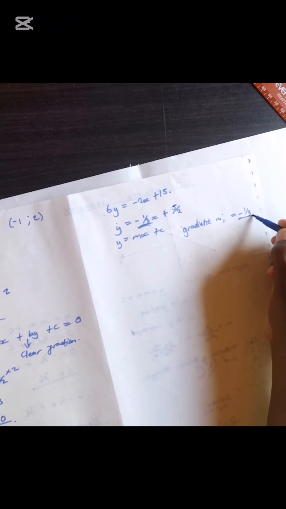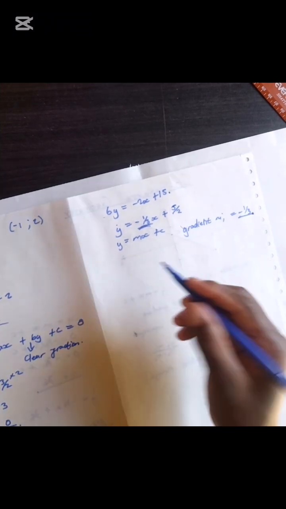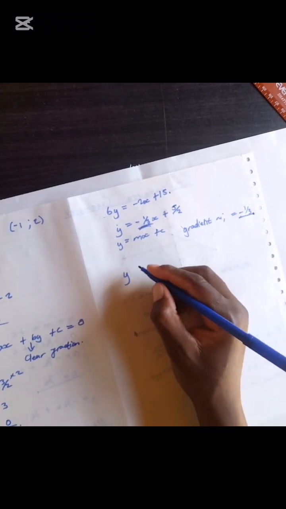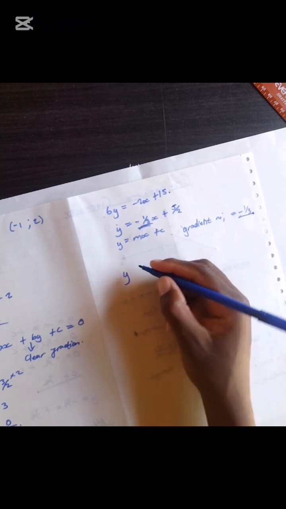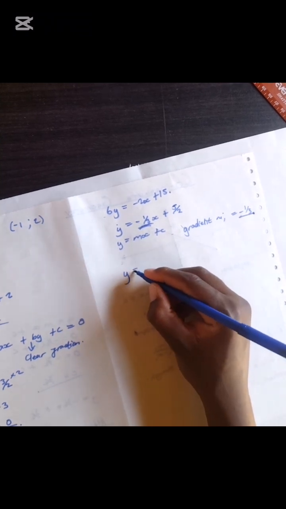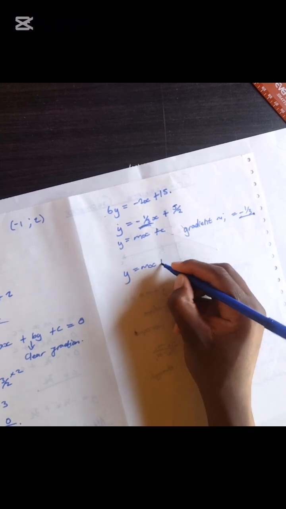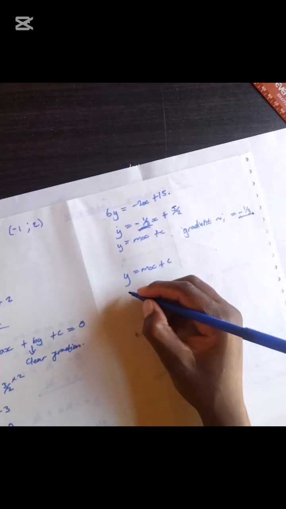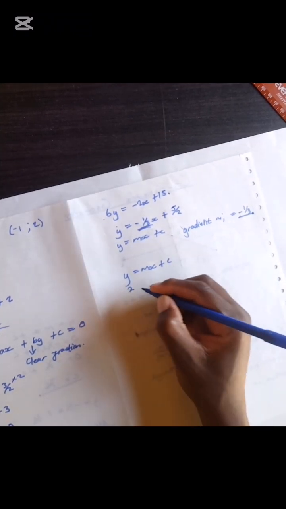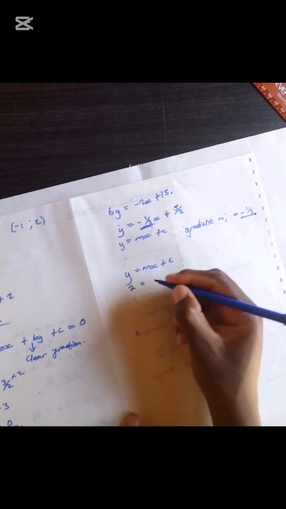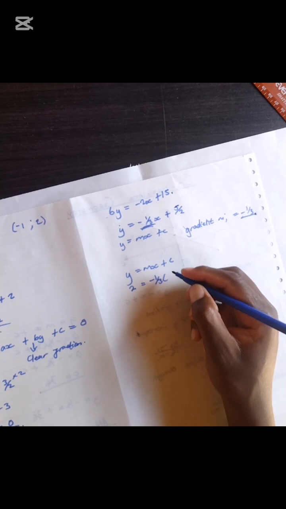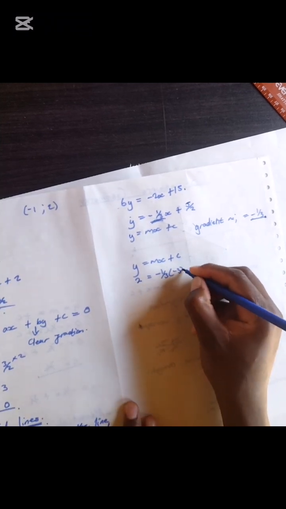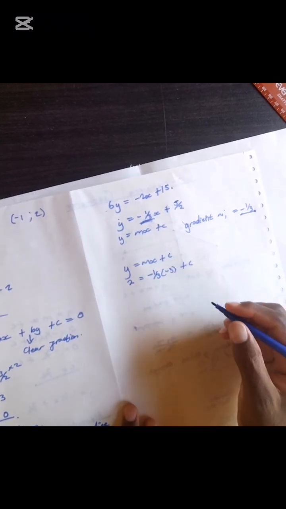So to find the equation of line L, we already have the gradient and the coordinates of the x and y, which is simple now. y is equal to mx plus c. So our y is 2, negative 1 over 3 times our x is negative 3, plus c.